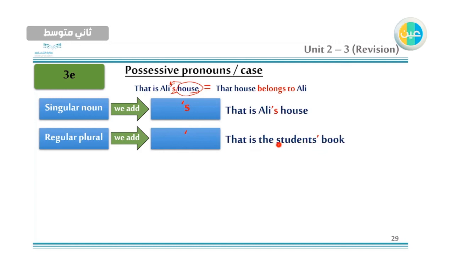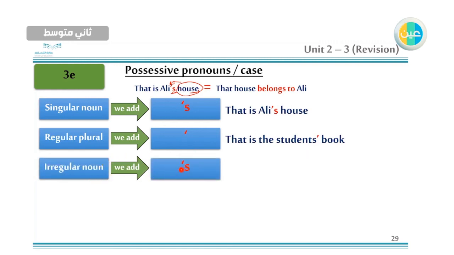The word students is a regular plural and it has the S already, and we just add the apostrophe after the S. And in irregular nouns, we add apostrophe S. For example, these are children's toys. The word children is an irregular noun and we added the apostrophe and S.